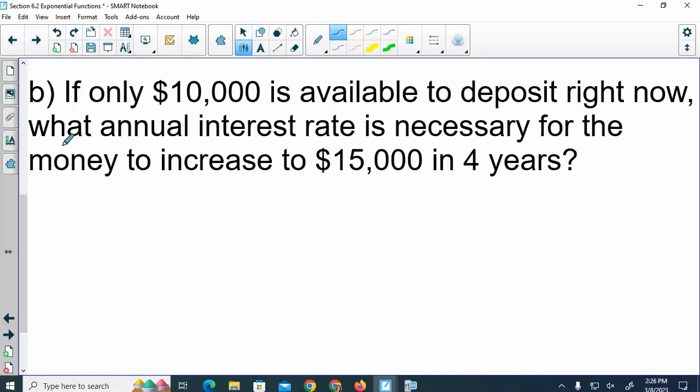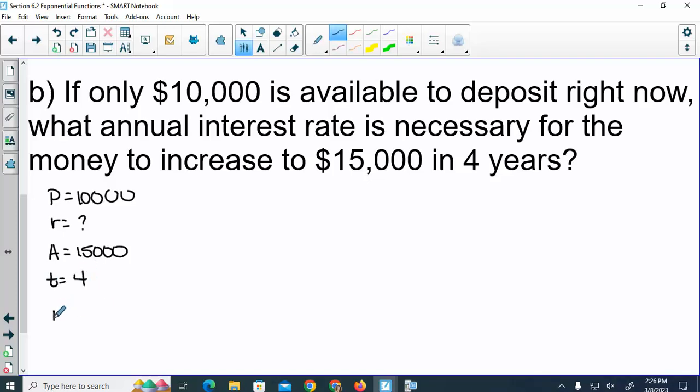So what variable is that? What annual interest rate, so I'm looking for my R, is necessary for the money to increase to 15,000, so that is my A, in 4 years, so my time is 4.